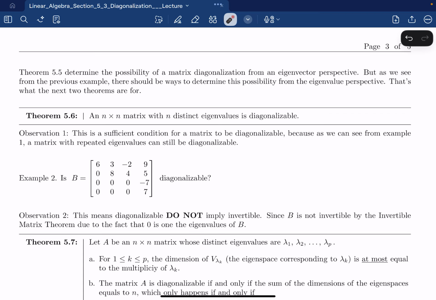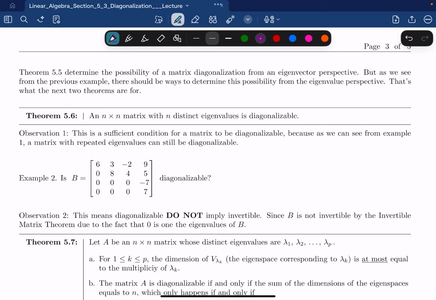Well, we know from an example in 5.1 that the main diagonal entries of a triangular matrix, in this case 6, 8, 0, 7, are the eigenvalues of this matrix B. So the answer here is yes, it is, because we have 4 distinct eigenvalues, namely lambda equals 6, 8, 0, and 7.